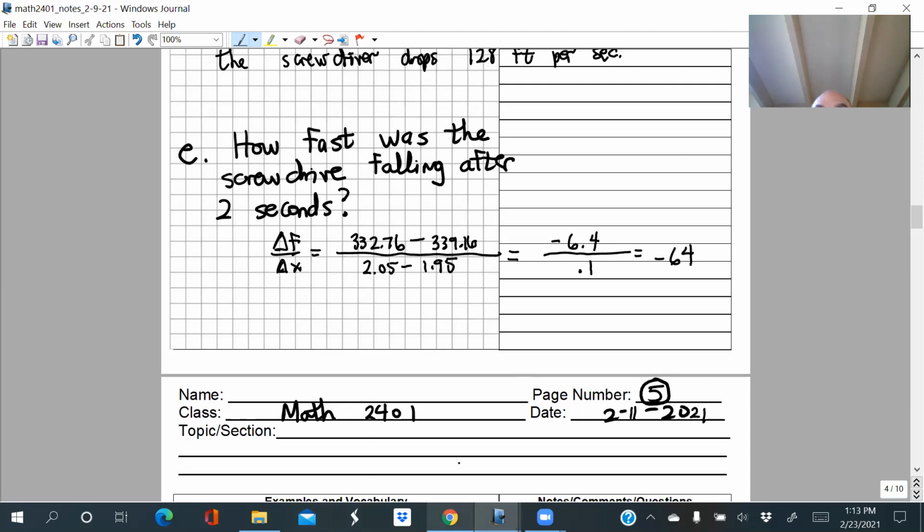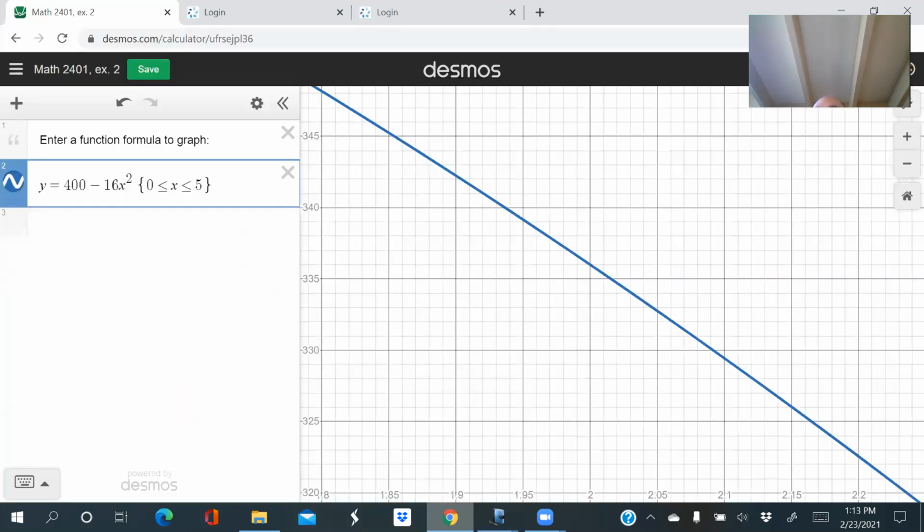Nice value there. So essentially, in this time frame from 1.95 to 2.05, since this function looks like a straight line, you cannot really see the curvature here.